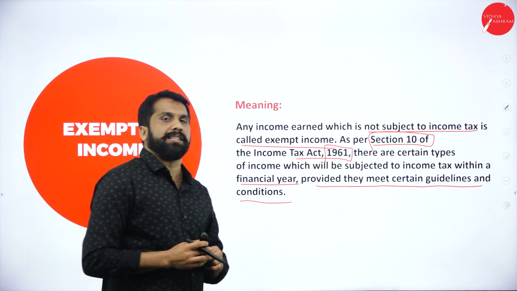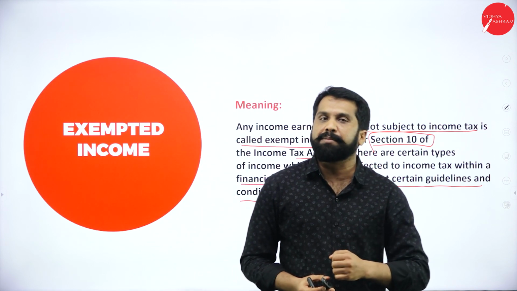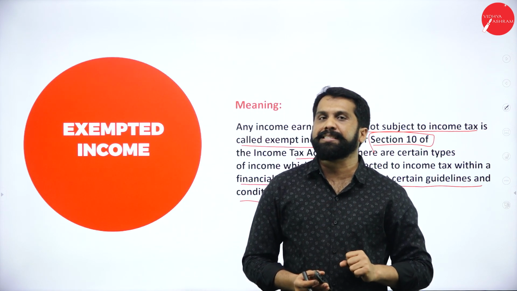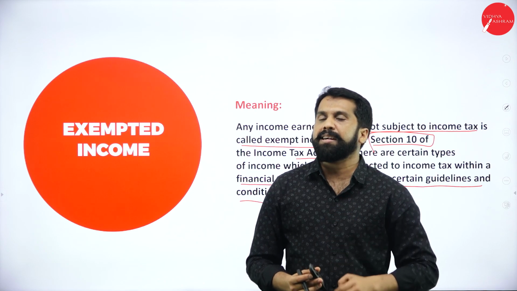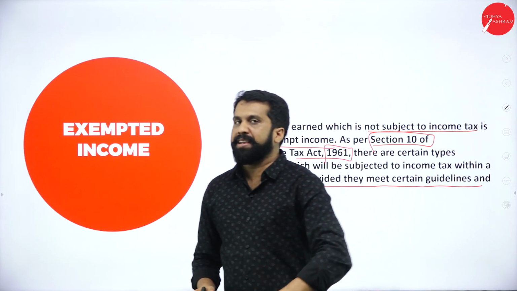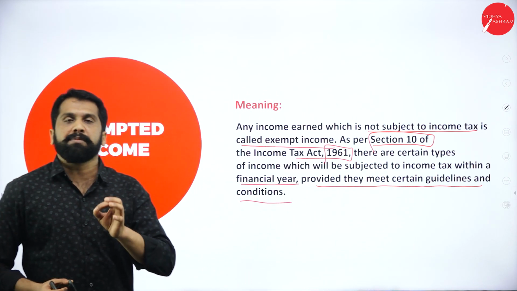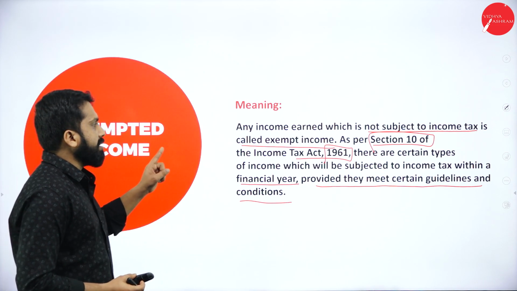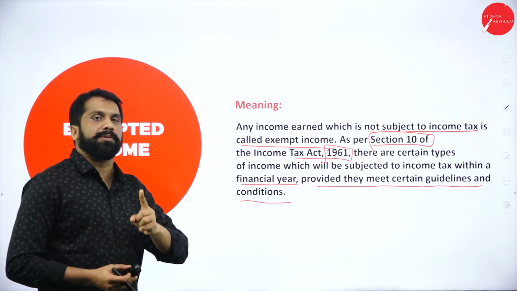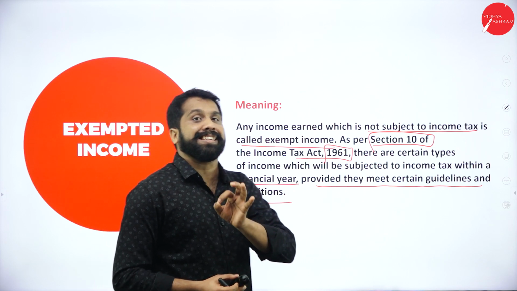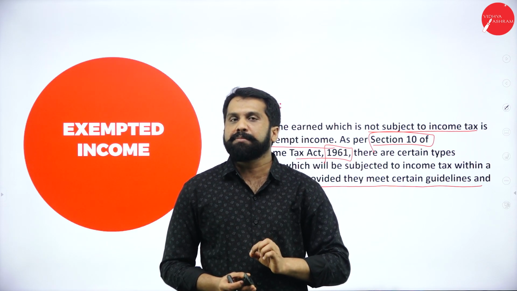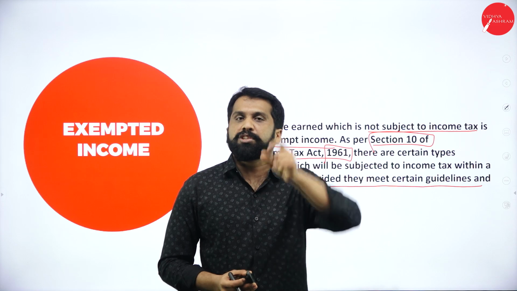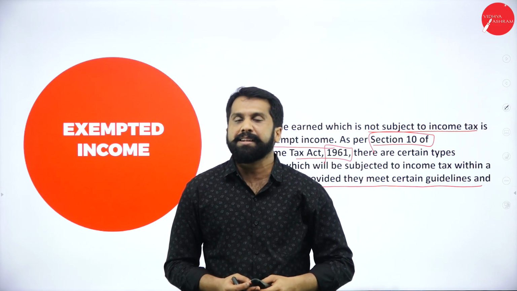Few exemptions are not completely exempted. Some part is exempted; the rest is taxable. Don't go in depth. They will not even ask you what is exempted income. They will ask you only to mention any 10 exempted items under Section 10. Just list out 10 exempted items.